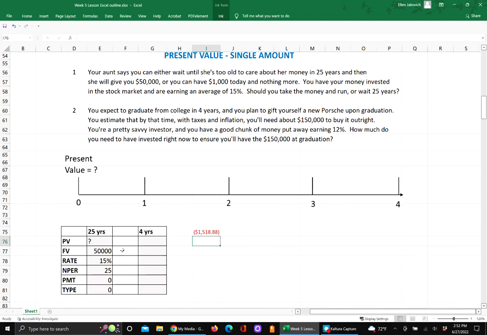The present value of $50,000 right now is $1,518.88. Why is it negative? Because Excel says you have to give up something to get something.